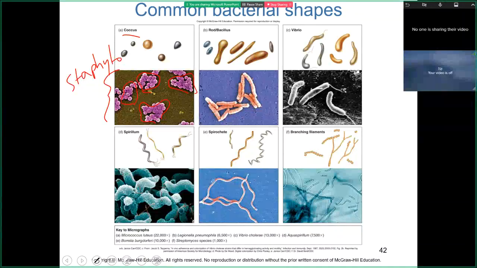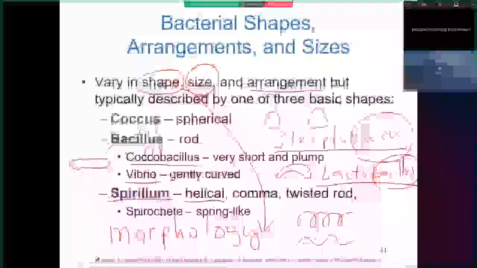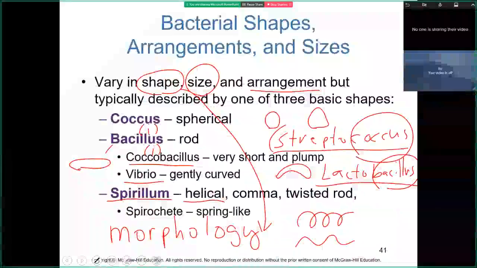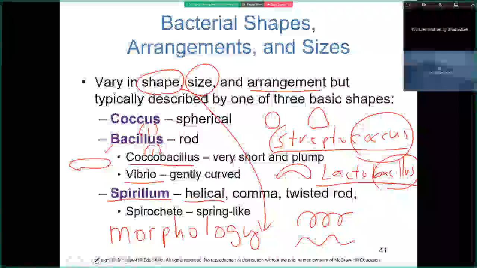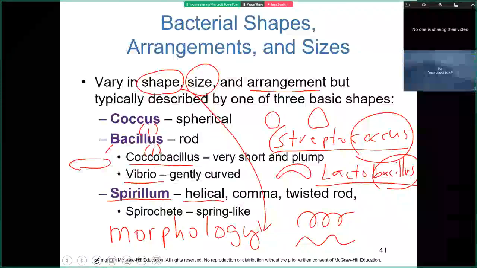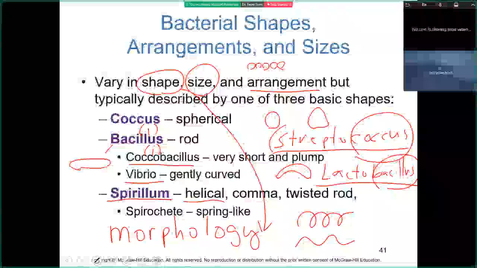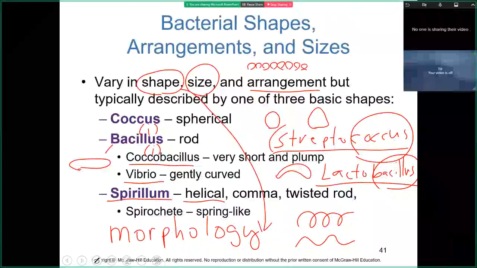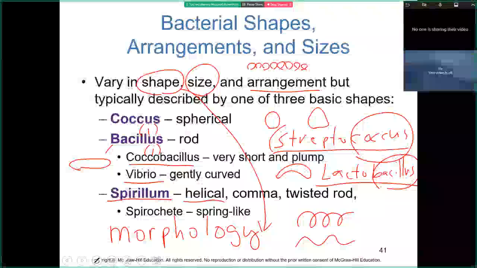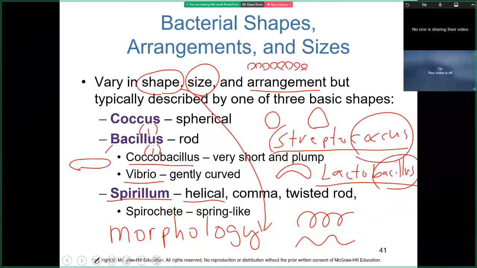In fact, this one back here that I used, Streptococcus, we've got the morphology. What is strepto? Well, strepto is an arrangement. In this case, what we're talking about would be cocci, not in random clumps, but in chains. All right, so that's the strepto arrangement. Strepto means chain-like, staphylo means clumpy, clusters.